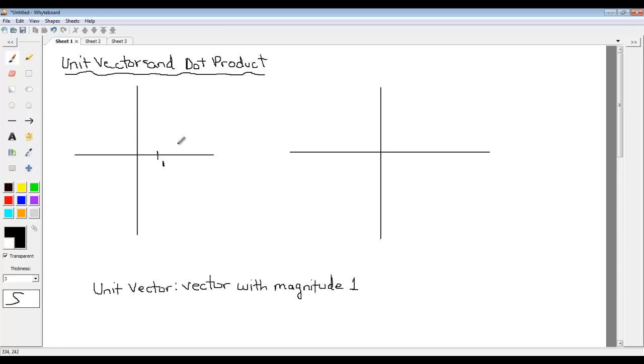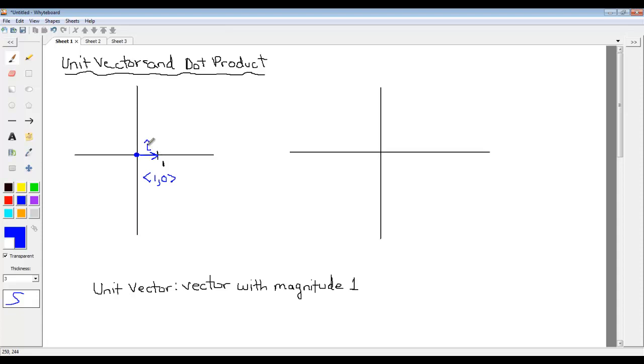If we have a vector that starts at the origin, maybe I should do a different color so you can see it better. The vector starts at the origin and goes along the x-axis 1 unit, like that, so that you have basically vector 1, 0. We tend to note that vector as vector i.